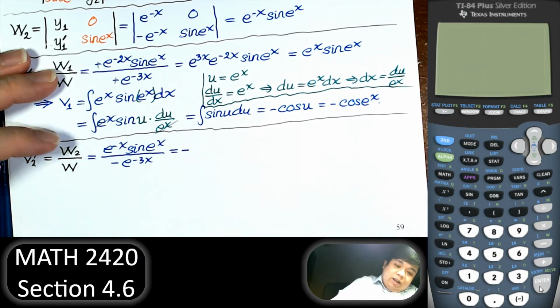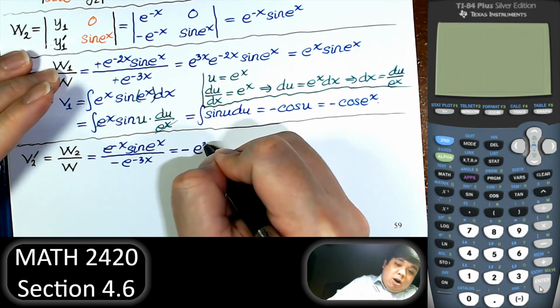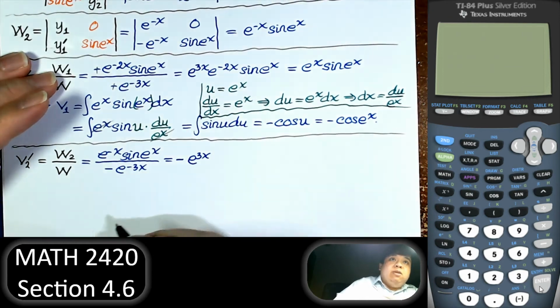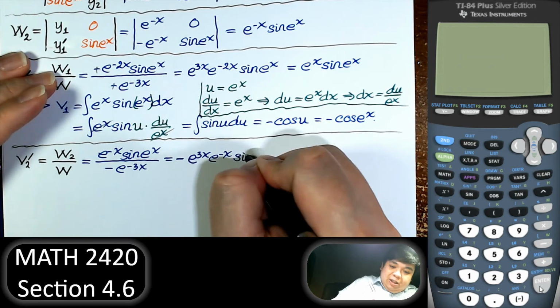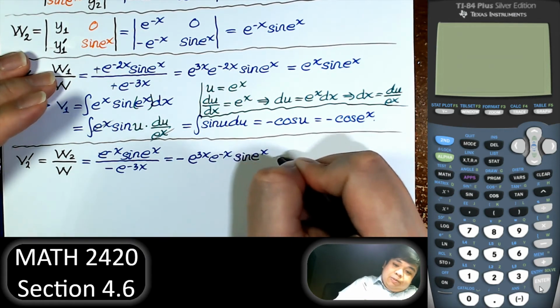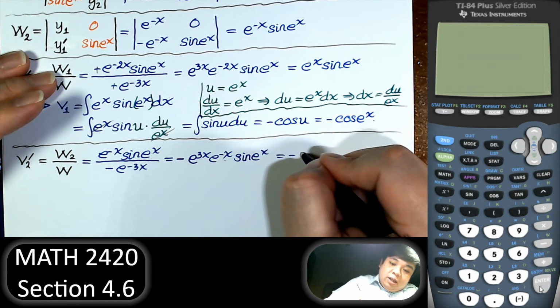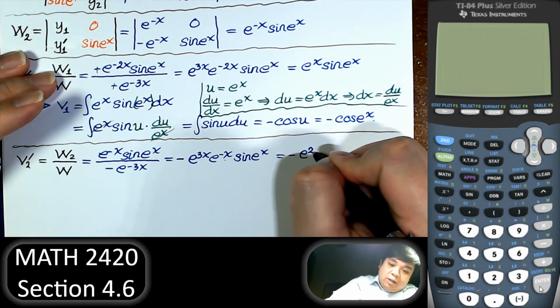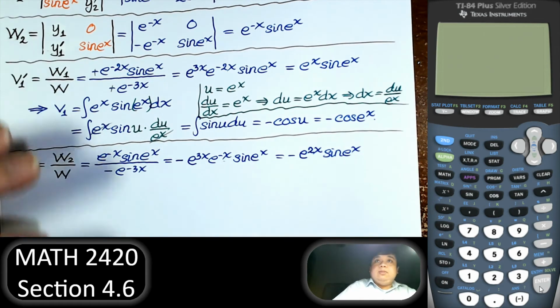Right, that's going to be negative. Once again, I move the e to the negative 3x from the bottom to the top, turn to positive. It's going to be integration by parts. That cancels out, and that gives us e to the 2x sine of e to the x.